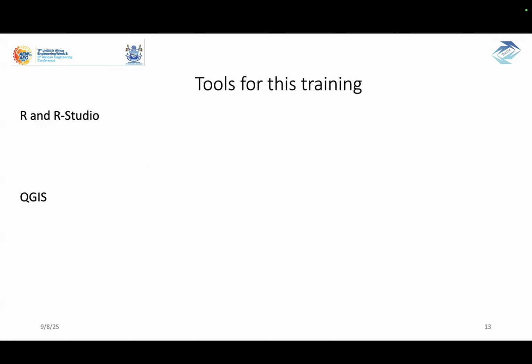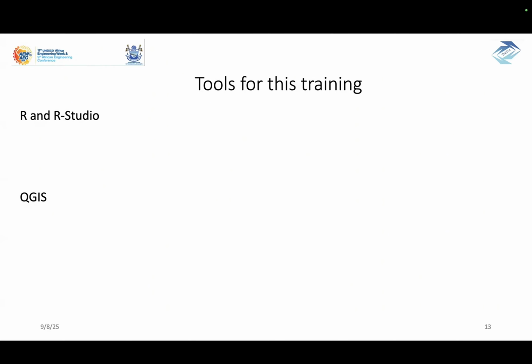So the tools we're going to use for this training are R, RStudio and QGIS. I sent a link, a document, a file to Engineer Jimmy to share with you guys. If you haven't installed it yet, on Thursday we're going to do practical, so I would really encourage you to try and install these packages. They're free.